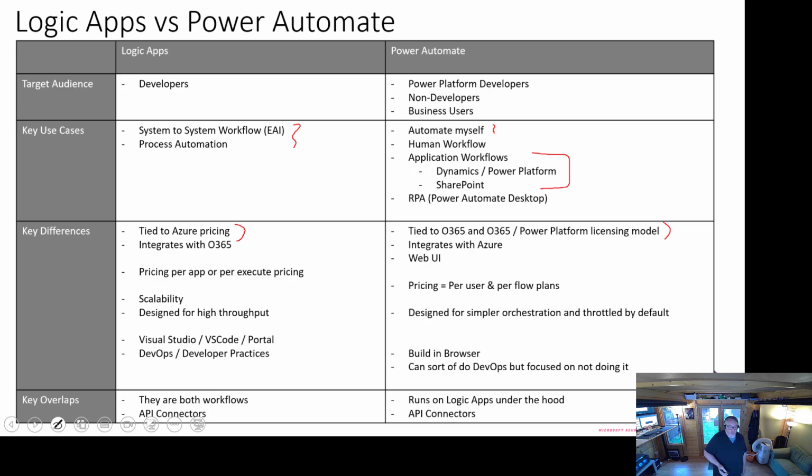Now, when we talk about the design and scalability, there's two kind of key different understandings about these things. If we start with Power Automate, Power Automate's designed to make workflows easy to build for people who aren't expert integration or workflow builders. One of the good examples of this is with things like throttling and load control patterns.